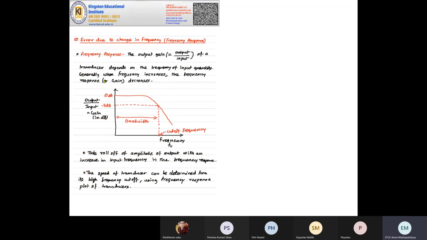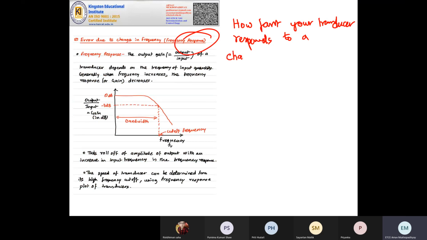Second is frequency response. Frequency response: a transducer doesn't respond to all signals. When you're studying frequency response, it means how fast your transducer responds to a changing signal.